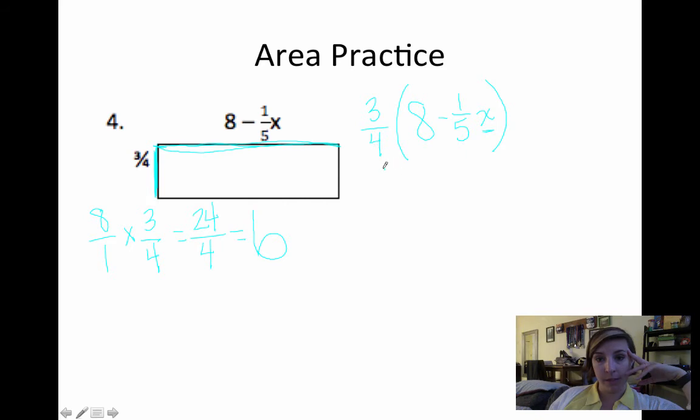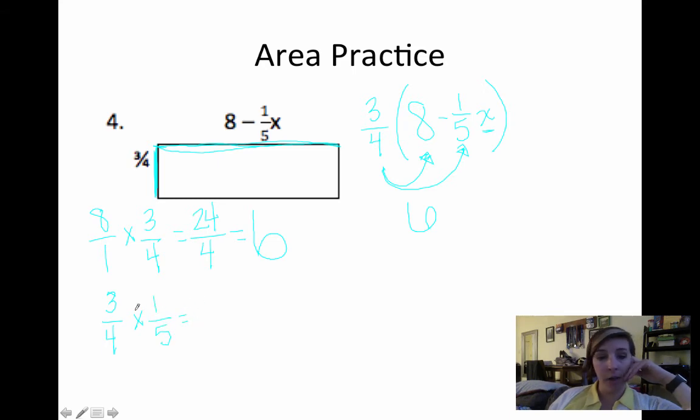So I'm going to bring this down because I multiply this times this. I end up with 6. And then I have to multiply minus 1/5 x. So I also have to multiply 3/4 times 1/5. Again, that seems challenging, but it's not, because when you multiply fractions, you just go straight across. So I have 3/4 times 1/5.